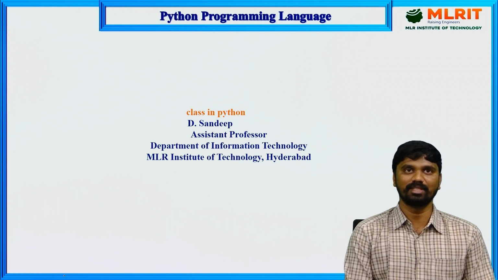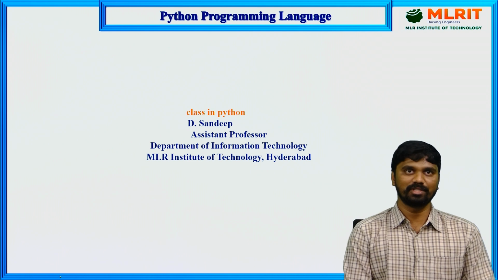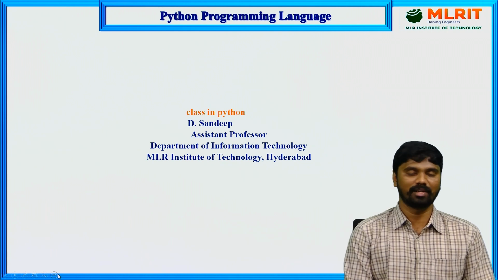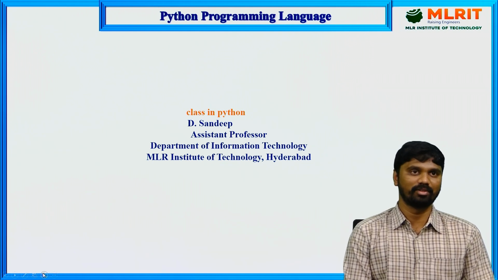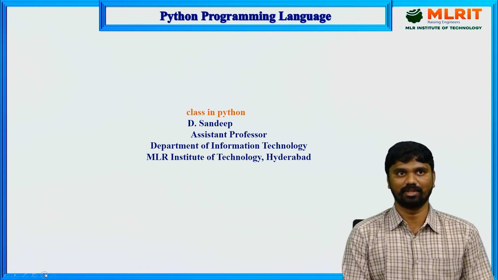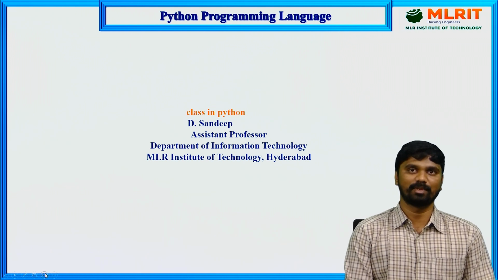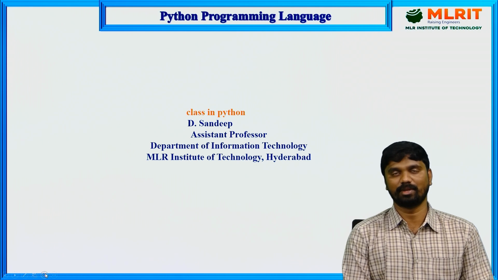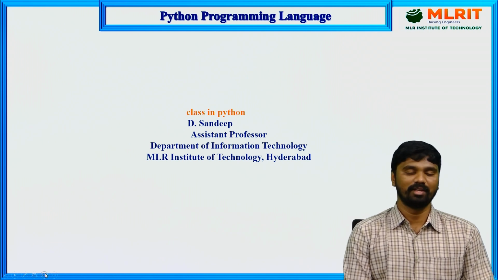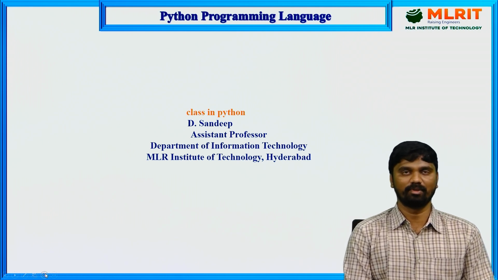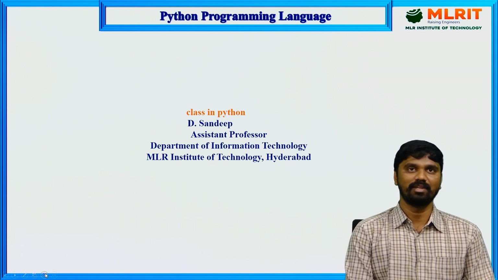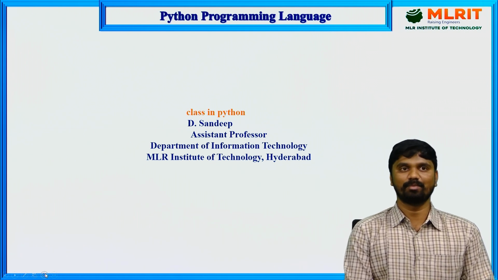We also saw the differences between the procedure-oriented and object-oriented programming languages, because there are a lot of differences. Overloading is not applicable in procedure-oriented, but applicable here, and the access specifiers concept is not applicable in procedure-oriented, but is applicable in object-oriented. We also saw programming examples.